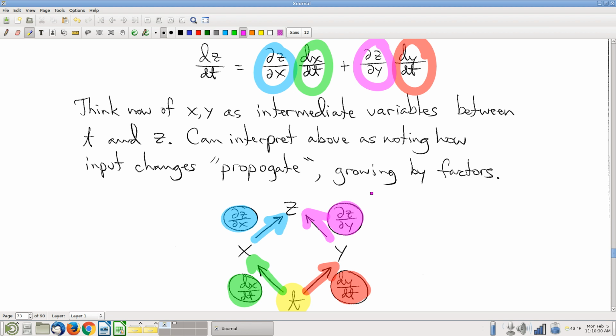So the total of these is the actual change. Anyway, this is just intuition, but it's really useful intuition. In some contexts, this propagation of changes point of view on partial derivatives is more useful than the derivation that I just showed you. So I think this is a great point of view, and I encourage you to think about things in this way.